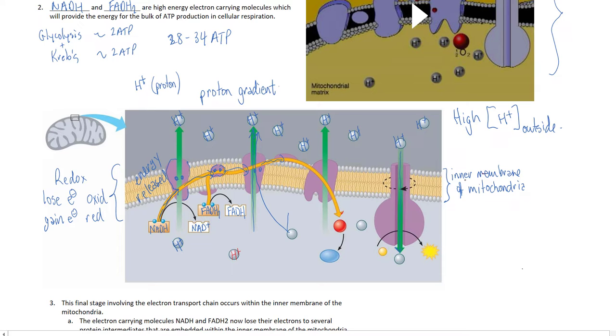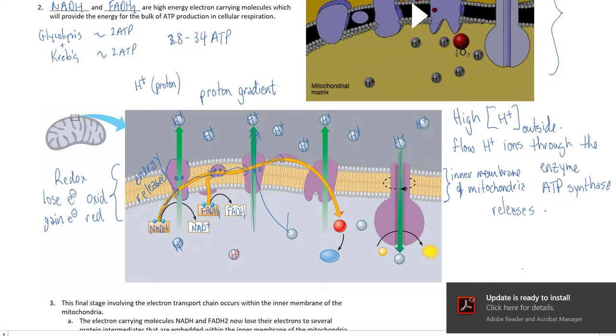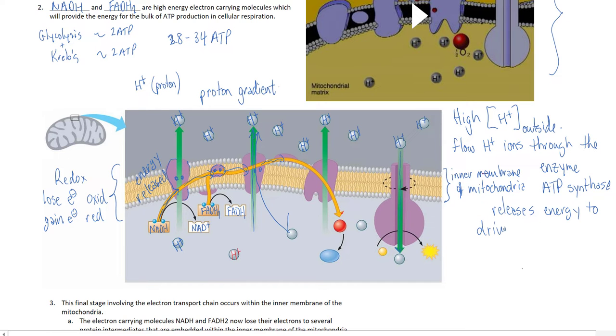So we've got the flow of hydrogen ions through the enzyme ATP synthase, which releases energy to drive the endergonic reaction, right? The endergonic reaction of basically the phosphorylation of ADP.